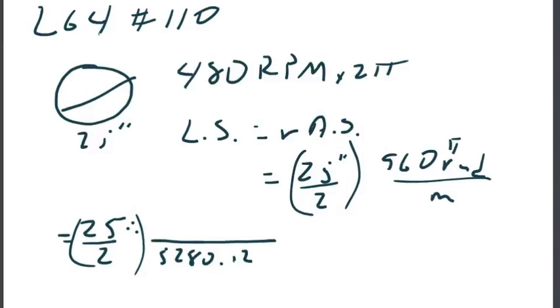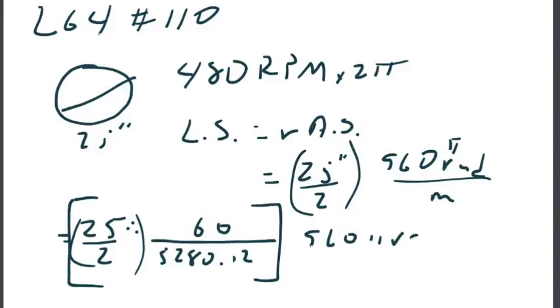Okay? We're dividing by 5,280 feet in a mile, 12 inches in a foot, but that is per minute, and we want hours, so we've got to multiply by 60. So all of that is just getting the conversions right, and then we have 960 pi radians per minute.